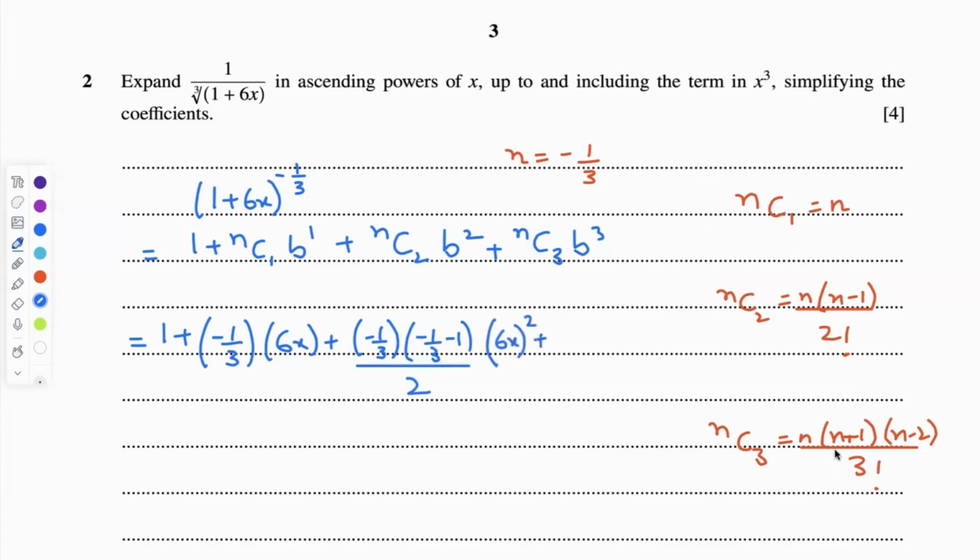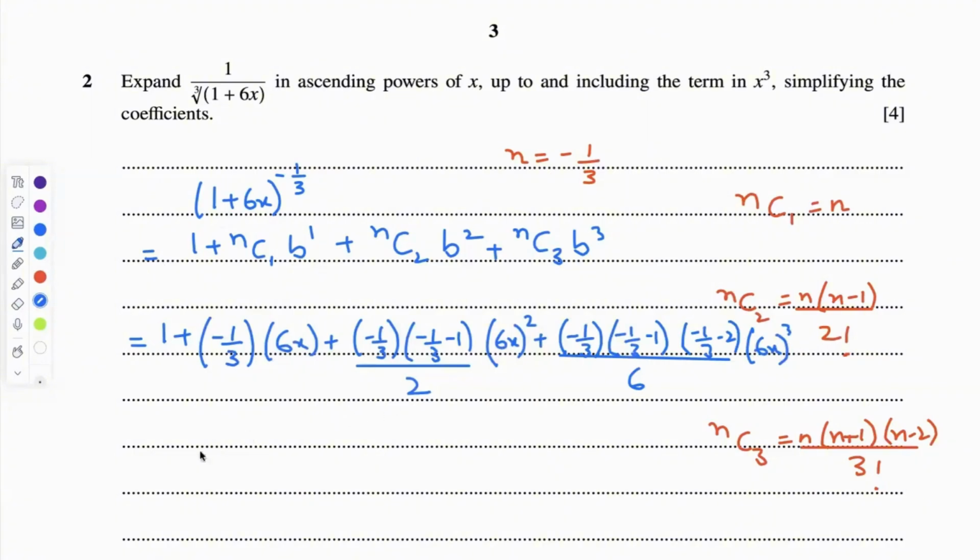And finally, nC3, which is n into (n - 1), so we'll write it as -1 upon 3 into (-1 upon 3 - 1) into (-1 upon 3 - 2), divided by 3 factorial, which is equal to 6. So this will become 6, and we'll multiply it by b cube, which is (6x) whole cube.